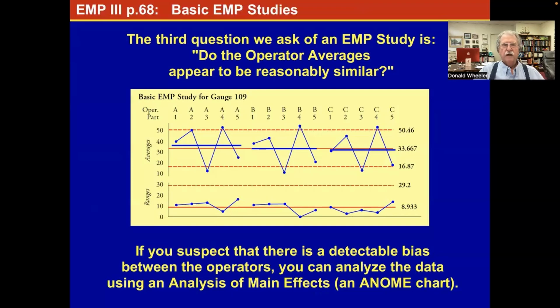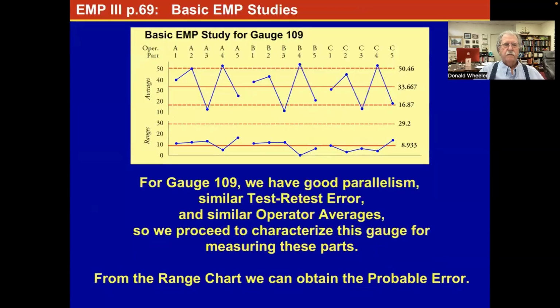You'll hear about that in a moment. For gauge 109, we have good parallelism, similar test-retest error, similar operator averages. So we proceed to characterize this gauge for measuring these parts.